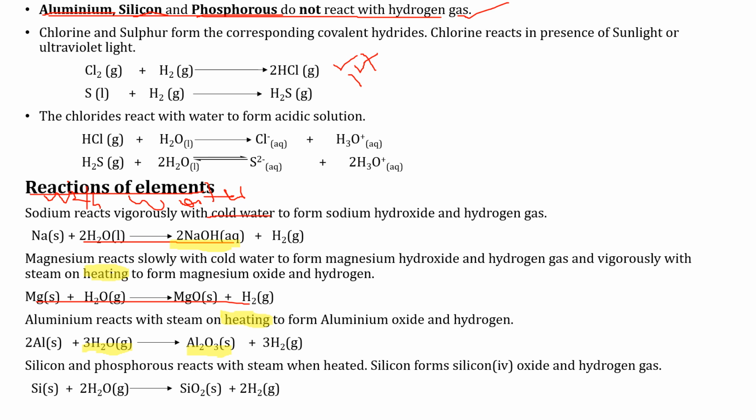Conditions are very important, you are going to lose marks. Your equation will be denied to be marked if you don't write conditions, because we believe that without conditions, that's not chemistry. So silicon forms silicon dioxide and hydrogen gas. That's why the equation is being formed. Like I said, we are reacting it with steam here, that's why we are giving an oxide. So let's proceed to the next slide.